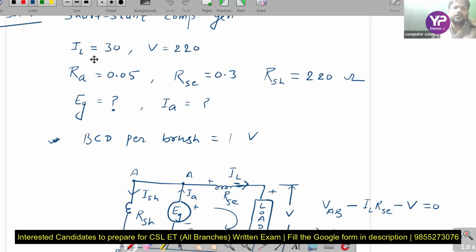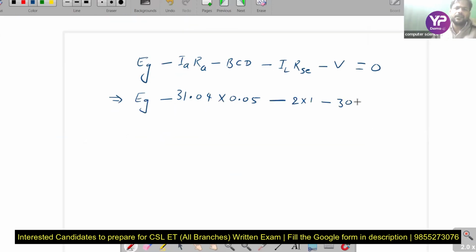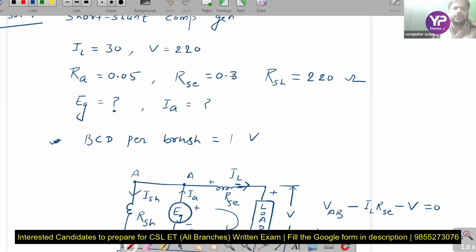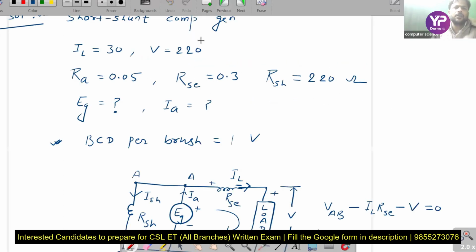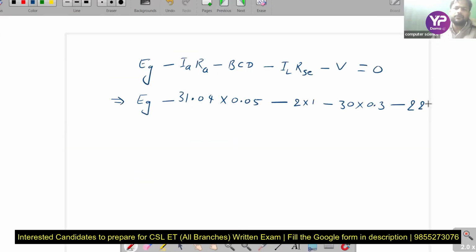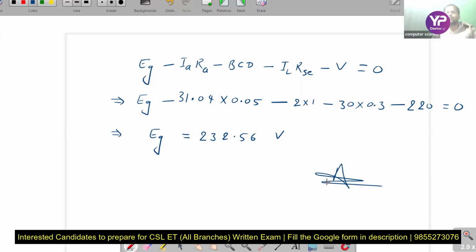Here IL is 30 and RSA is the series field resistance 0.3, minus V terminal voltage 220. When we simplify this equation, we get the value of generated EMF, which is equal to 232.56 volt.